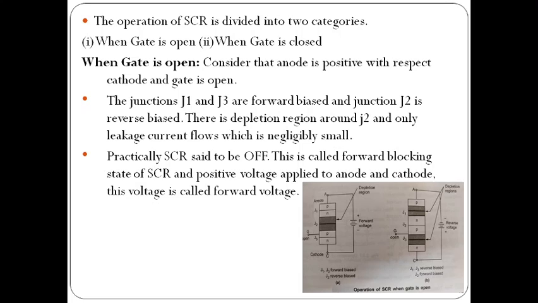In the second case, we consider the gate open but the SCR in reverse bias, that means the anode is negative with respect to the cathode.